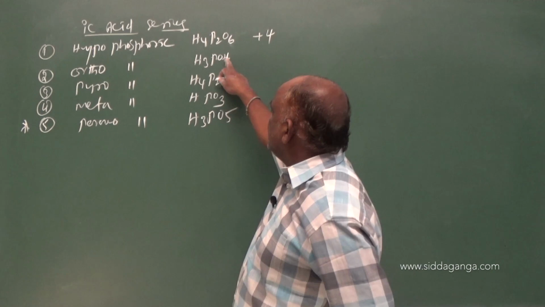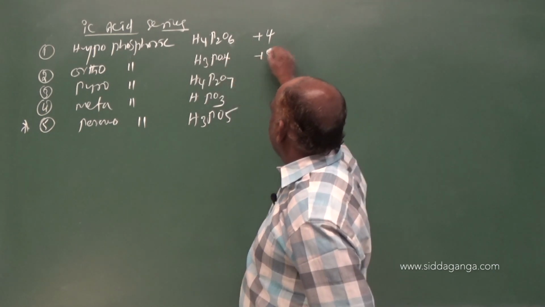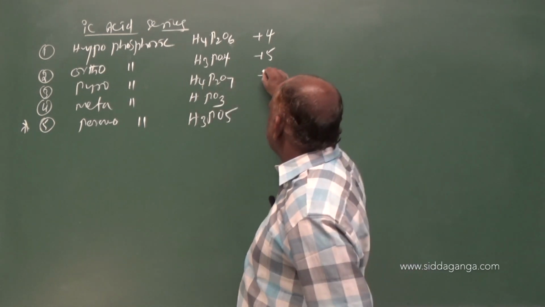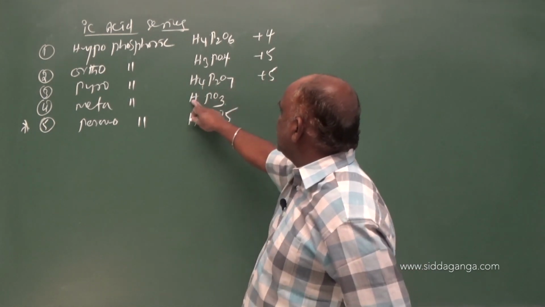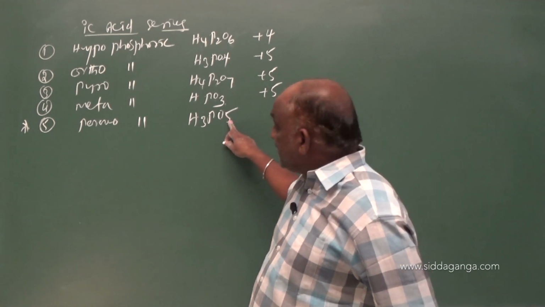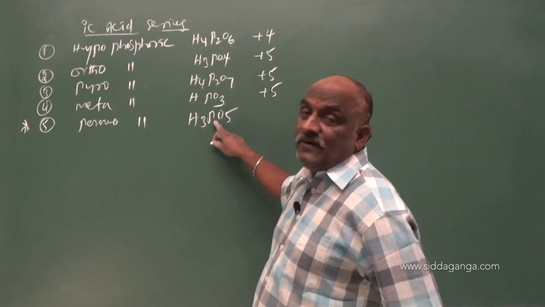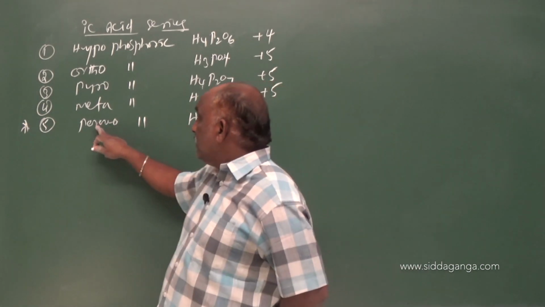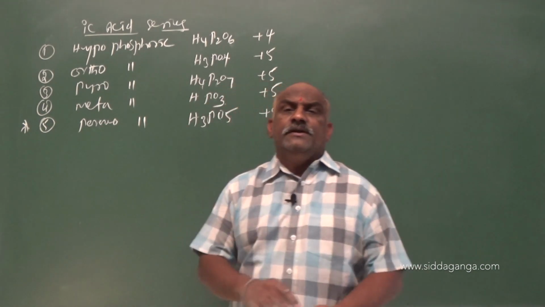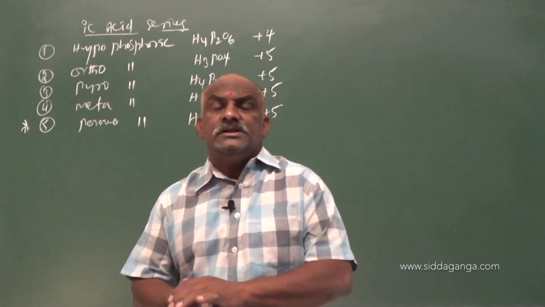Here 4 to the 8, 8 minus 3 is plus 5. 7 to the 14, 14 minus 4 is 10, 10 by 2 is plus 5. 3 to the 6, 6 minus 1 is plus 5. Here 5 to the 10, 10 minus 3 would give 8, but this is an example of a peroxy bond, so its oxidation number is also plus 5 only, due to the presence of the peroxy linkage.